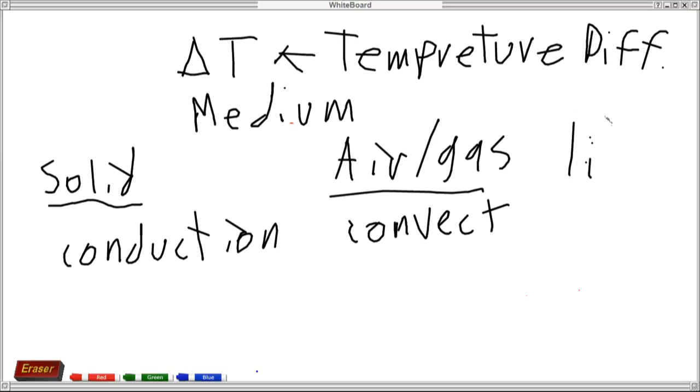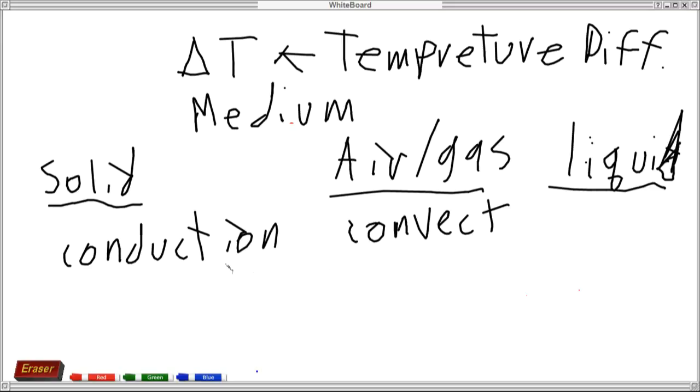Okay, through a liquid, and I don't remember what the name for this one is.